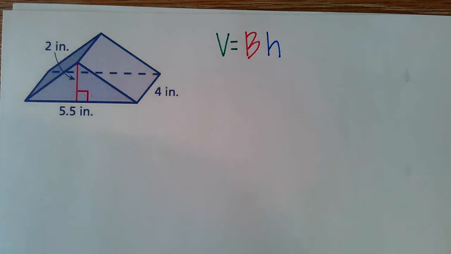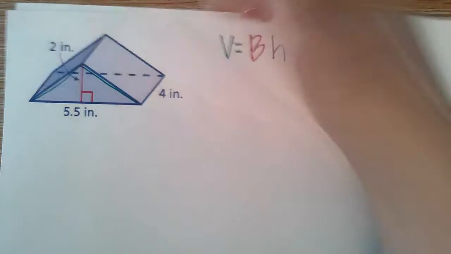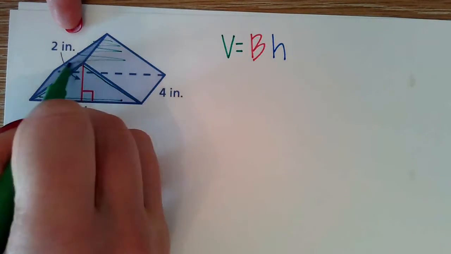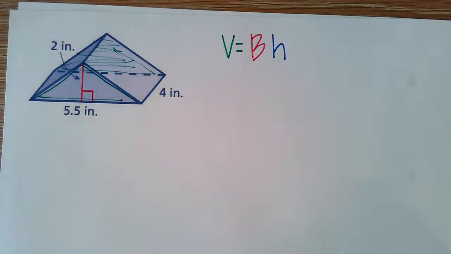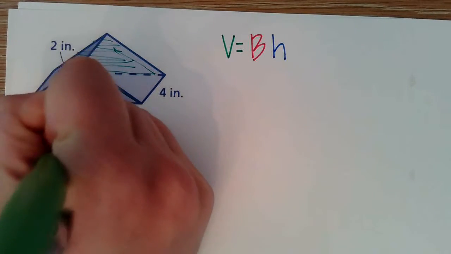Here, again, the first thing I want to do is take a look and determine which kind of prism this is. This time, I see that I've got two triangles. One's right here, and then that back one right here that are running parallel to each other. So therefore, this is a triangular prism.